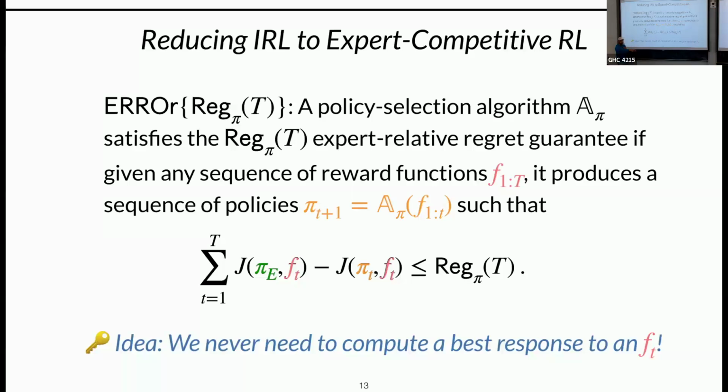Therefore, summed or averaged across the rounds, this will also be true. The key point I'm trying to make here, though, is that we don't actually need to compute a best response to satisfy this condition. If at every round I compute a best response, I do satisfy this condition. It is sufficient, but it is not necessary for me to compute a best response at every round.